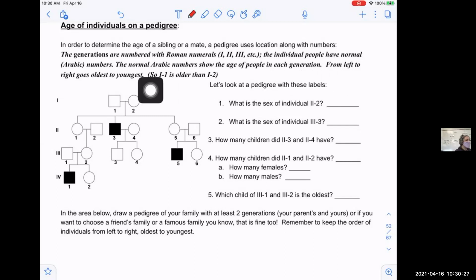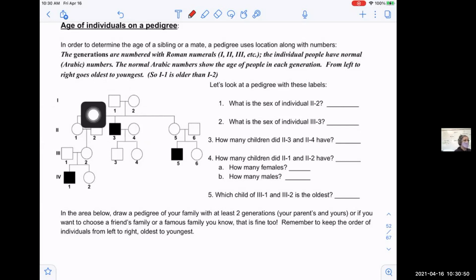So from left to right goes oldest to youngest. It's like reading: you go oldest, and as you move to the right, it gets younger, okay? So for instance, the husband in this case was older than his wife, okay? 1-1 is older than 1-2.